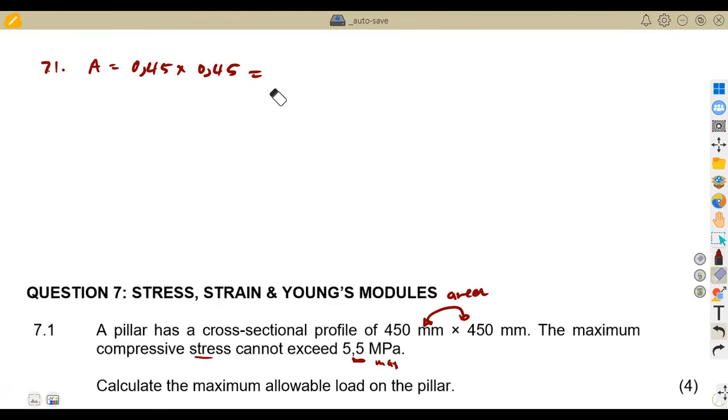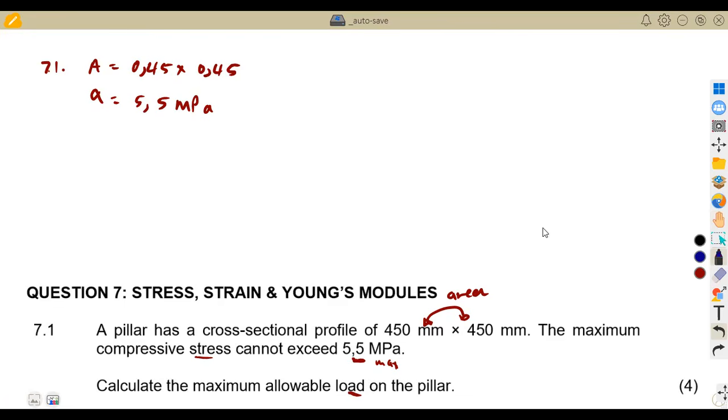Let us leave it like that, or we can simplify, which is fine. The maximum stress in this case is 5.5 megapascal. So the question is to calculate the maximum allowable load, which is the force to be applied in this case.